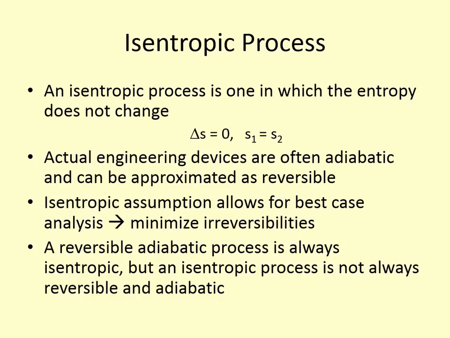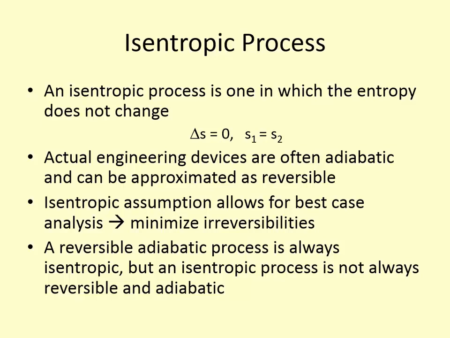However, isentropic does not necessarily mean that the process is reversible and adiabatic, because you can have a process with irreversibilities and heat transfer, which makes it an isentropic process.